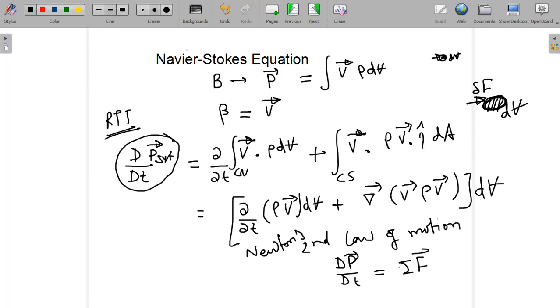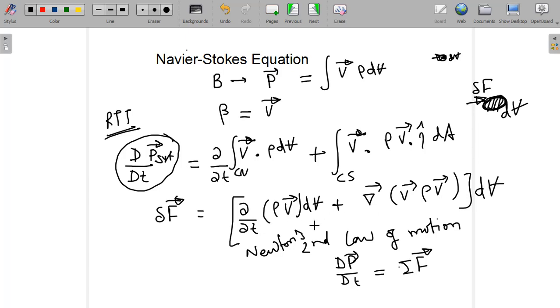Since in our case it is a very small volume, let us consider the net force acting is delta F. So the left hand side is the delta F acting on this small volume, and the right hand side is this one. I think this part is clear.